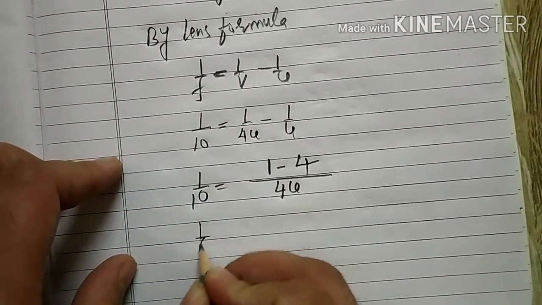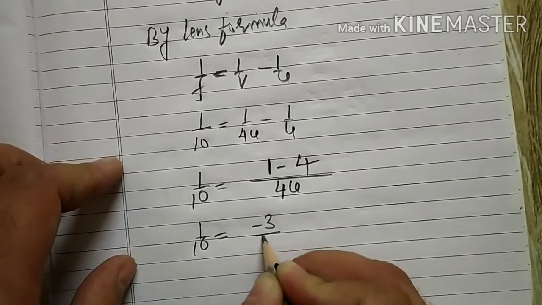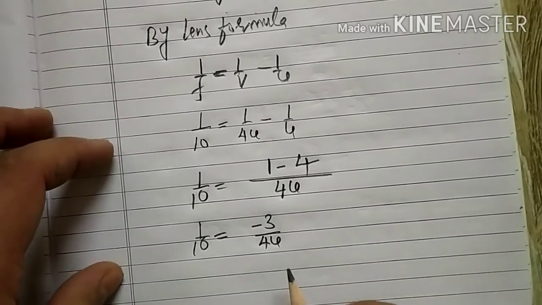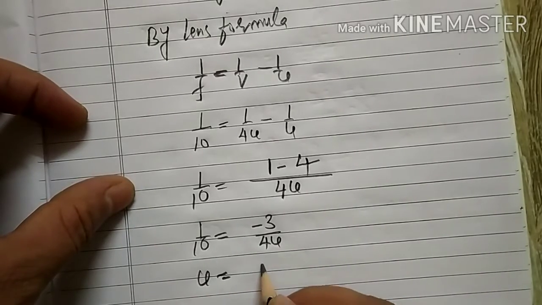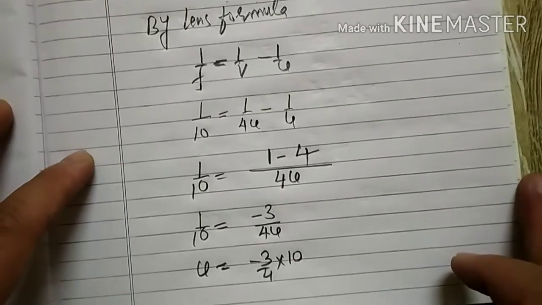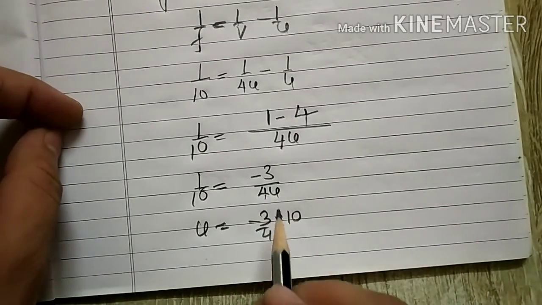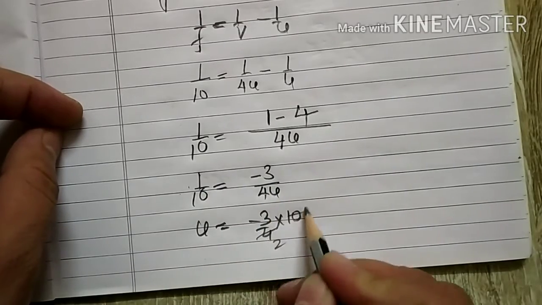So 1 by 10 equals, here what will come? Minus 3 upon 4u. So we can say u is equal to minus 3 by 4 into 10. I hope you are understanding. I send this u there, and 3 by 4 into 10. So 2 and 5.